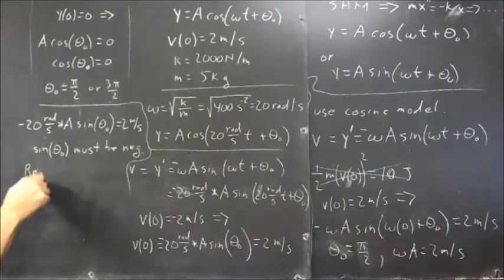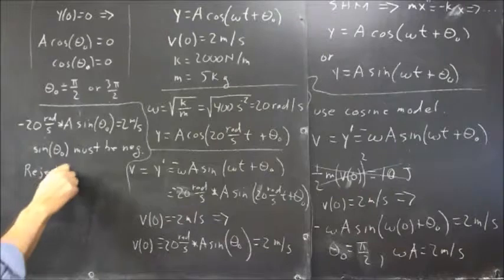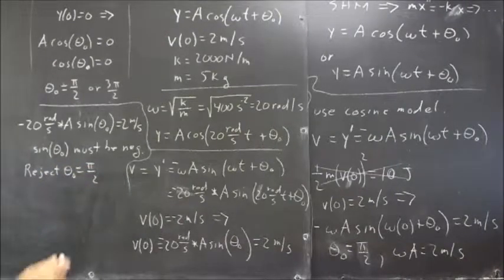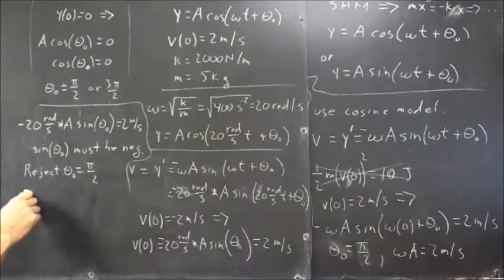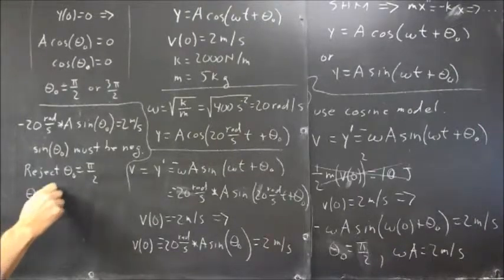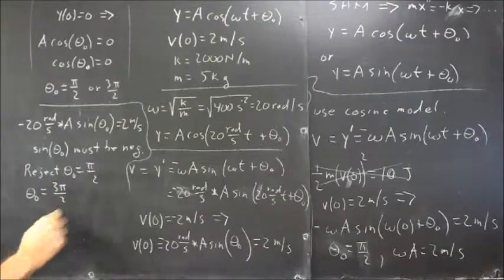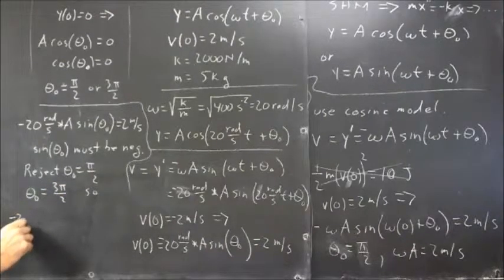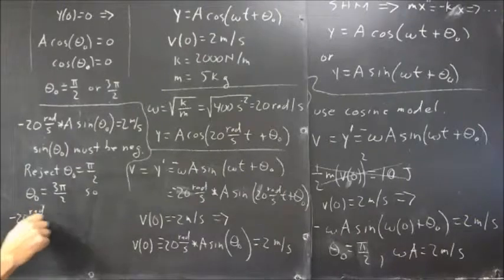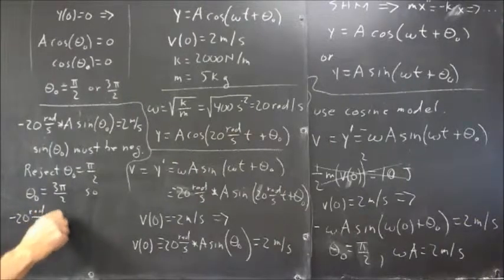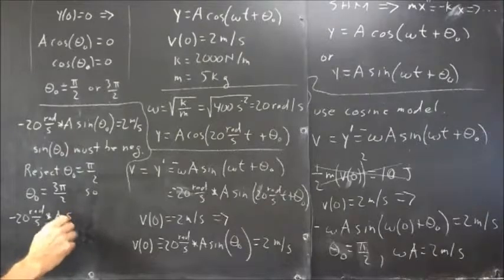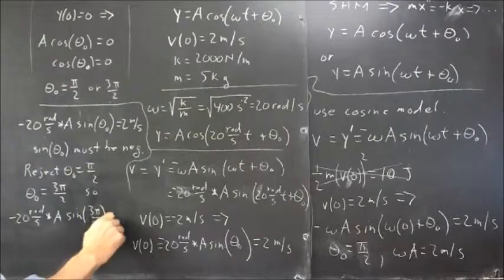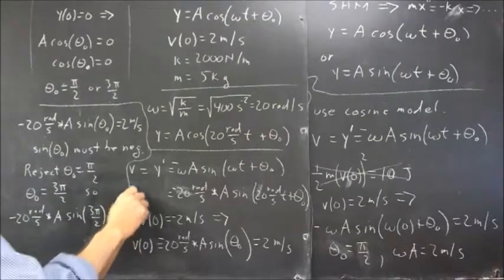From that we reject theta naught equals pi over 2. Theta naught has got to be 3 pi over 2. So again, now we have negative 20 radians per second times A sine of 3 pi over 2 equals 2 meters per second.